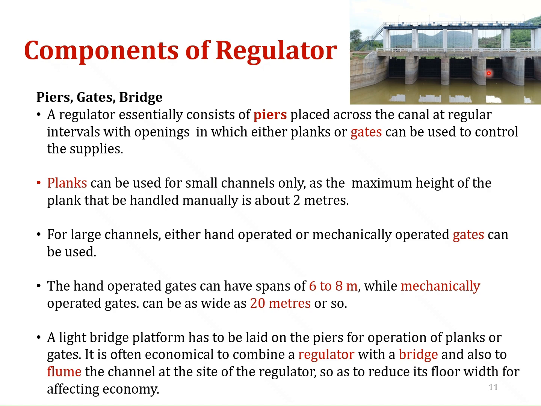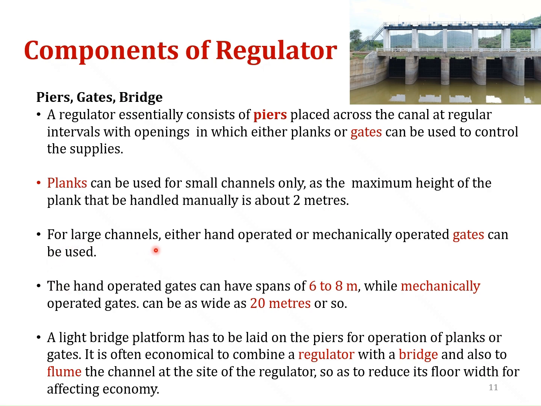Okay, planks can be used for small channels only, as the maximum height of the plank that can be handled manually is about 2 meter. Okay, plank is a flat piece of metal or steel. So it's not like a gate, but it's just that you can raise it or lower it with the help of cables or something.